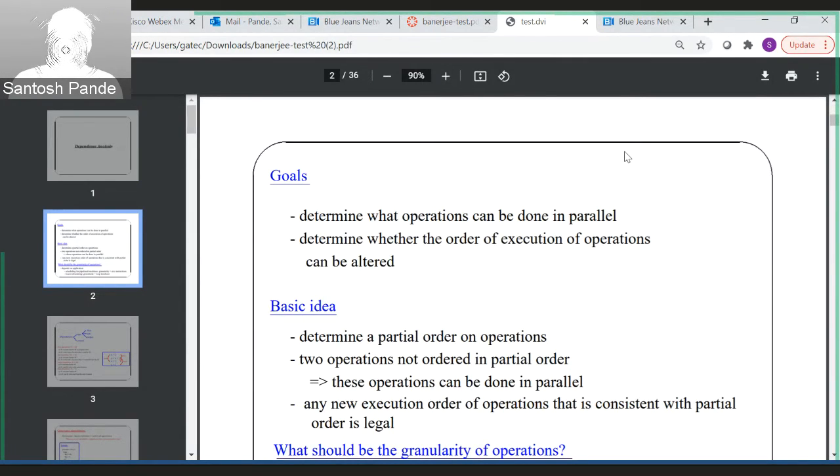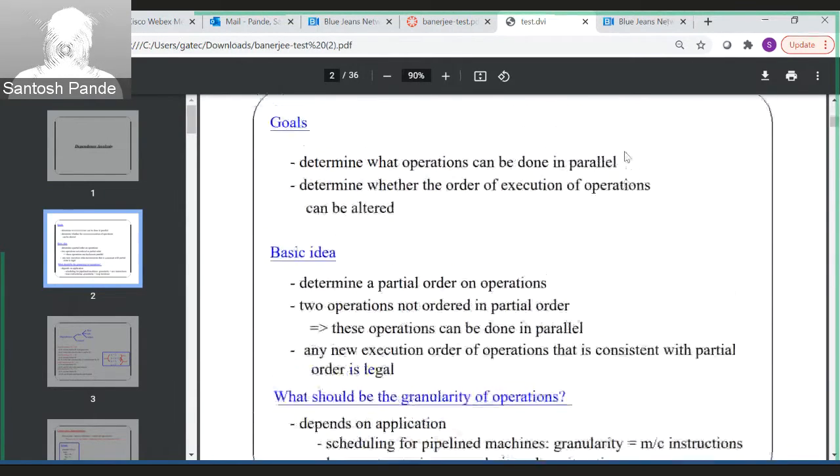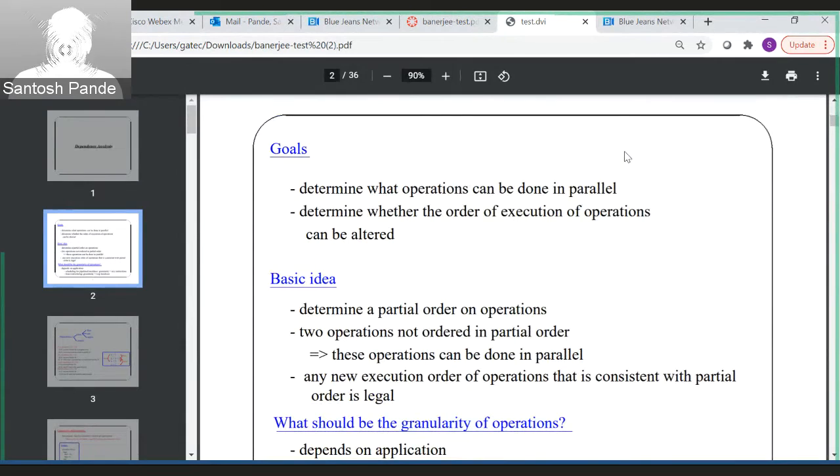The problem remains what we have always been talking about: whether or not we should be doing reads before write, and whether or not there is any overlap between the two within a loop's execution time. That's the goal of dependence analysis.